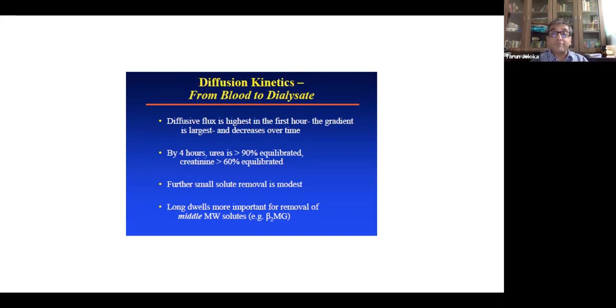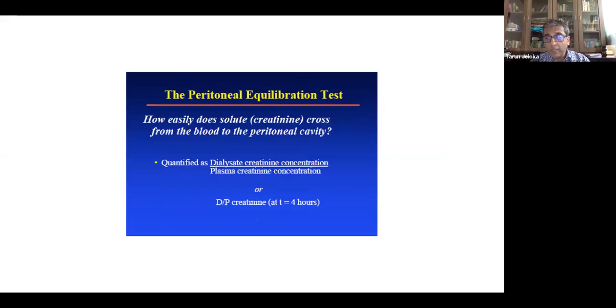So this was about factors which influence solute removal. Based on this, you should also know the terminology called the peritoneal equilibration test, the PET test. Depending upon this PET test, there are 4 different types of peritoneal membrane behavior.